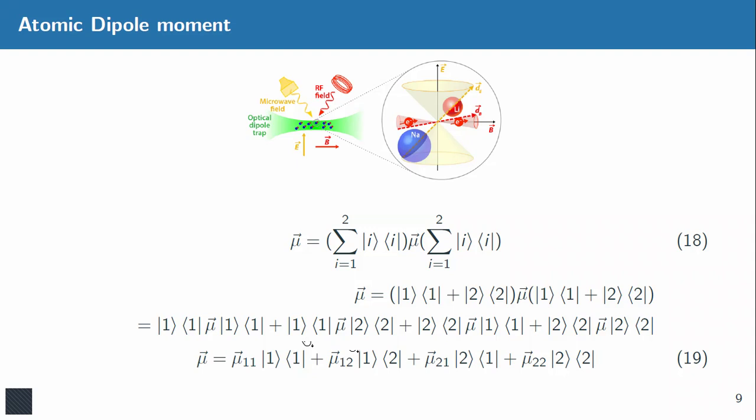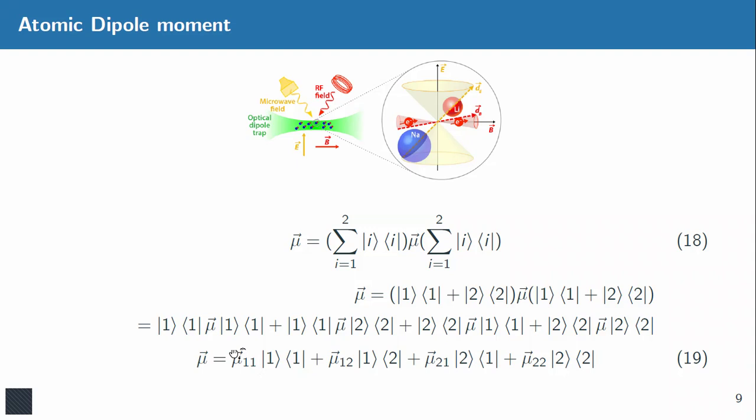The dipole matrix element mu 11 describes the dipole moment of the electron in the 1 state, or in the ground state. These usually hold as non-zero when the atom has a permanent dipole moment.